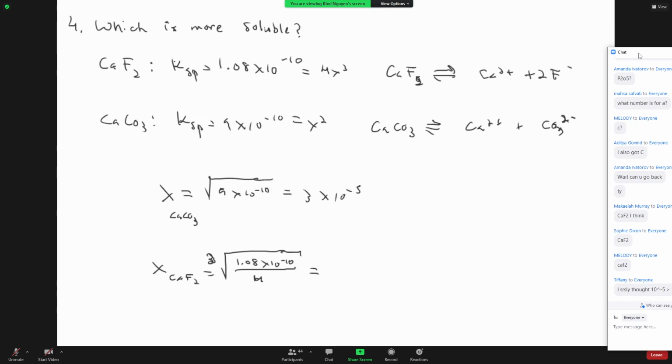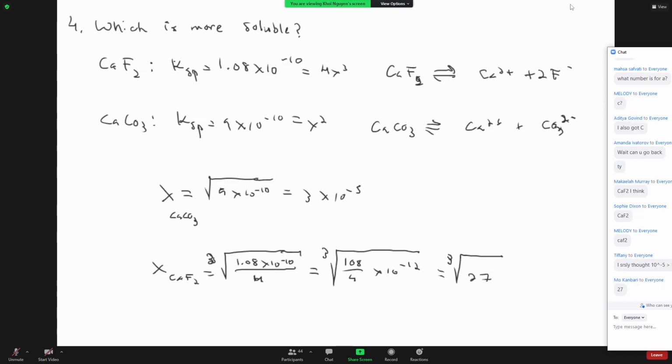But I can rewrite this as the cube root of 108 divided by 4 times 10 to the negative 12. I'm going to move the decimal place over 2 times, and it doubles my 10 to the negative 12. So then that becomes the cube root of what's 108 divided by 4? 27. Yep. And then the cube root of 10 to the negative 12.